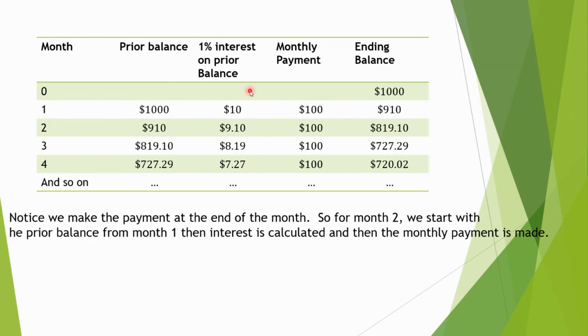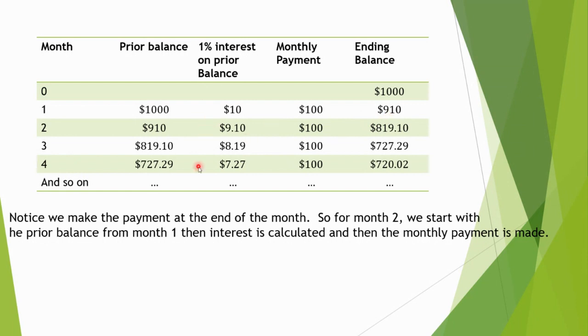So that's what happens here. And then month 2, same idea. The interest is calculated, again at 1%, so it's $9.10. And we make our monthly payment. This is all happening at the end of the month. We end up with a balance of $819.10 at the end of month 2.